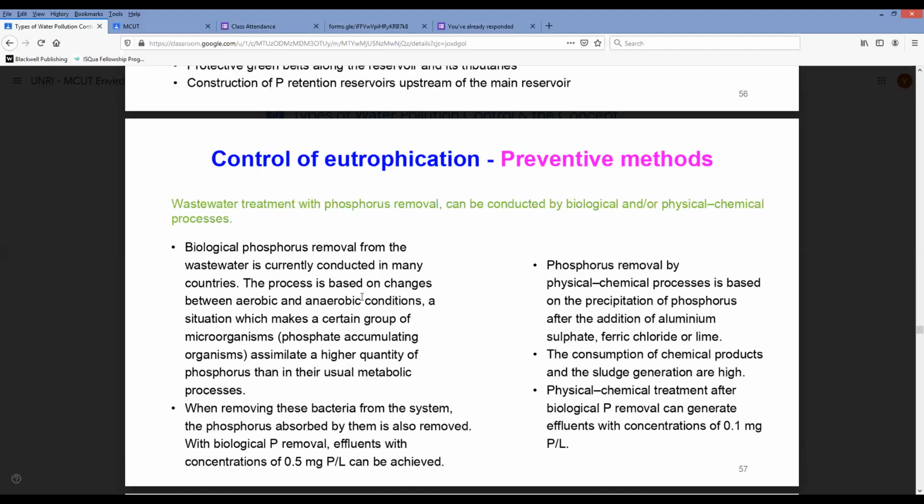Okay, and then the first one is biological phosphate removal from the wastewater, currently conducted in many countries.